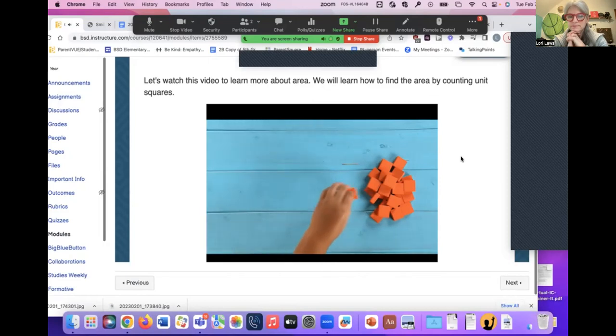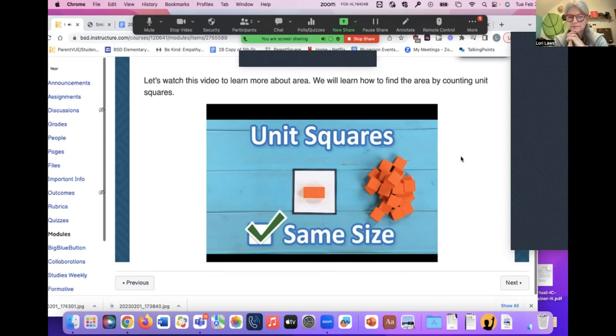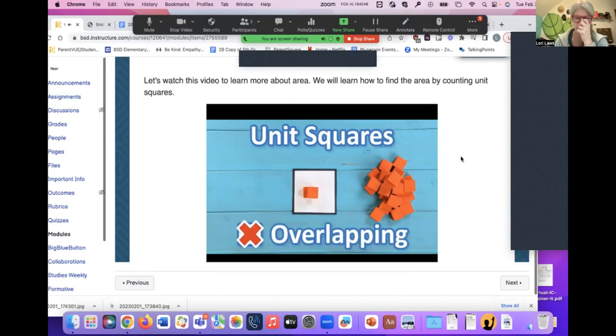Let's give it a try. To find the area of this square, we'll lay unit squares inside it. Each square must be the same size. When you lay them down, make sure there aren't gaps or spaces between them. As you measure, remember to keep the unit squares from overlapping.